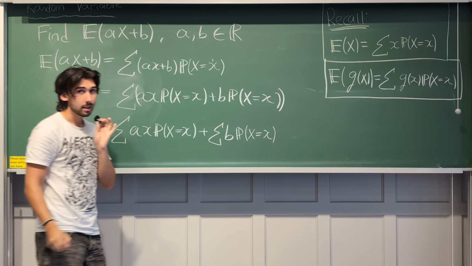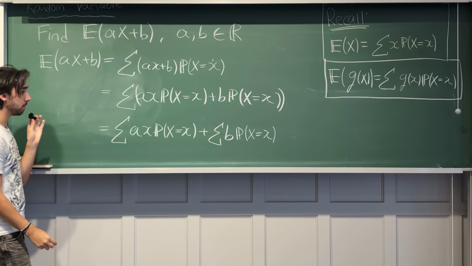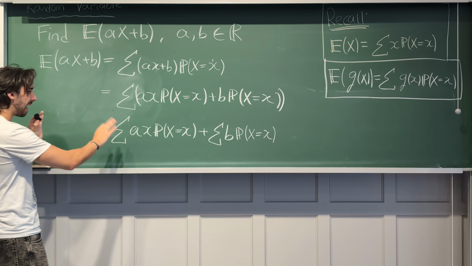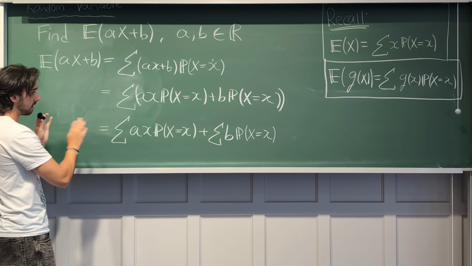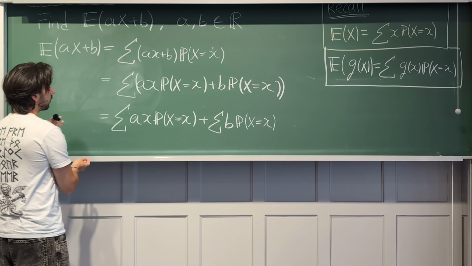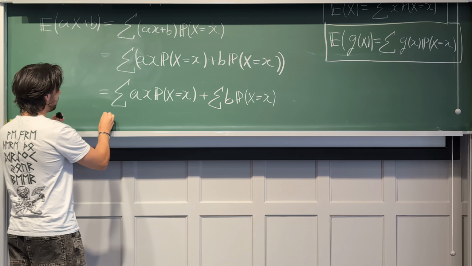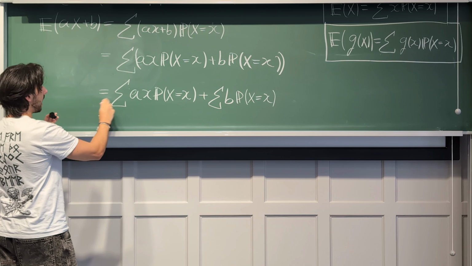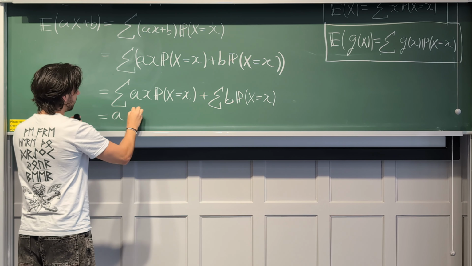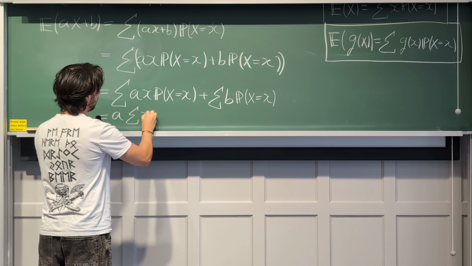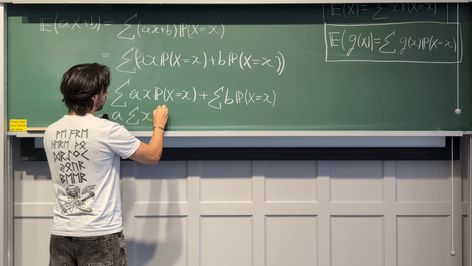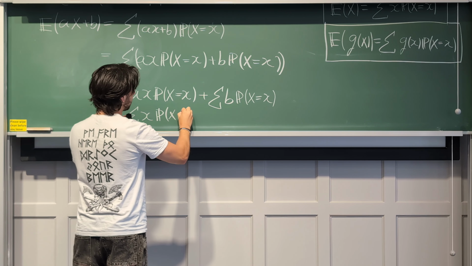Now I've written it as 2 separate sums. The reason being, now we can start factoring things like a and b out. Let's take the a out of this one. So we've got a times the sum of x times the probability big X equals little x.